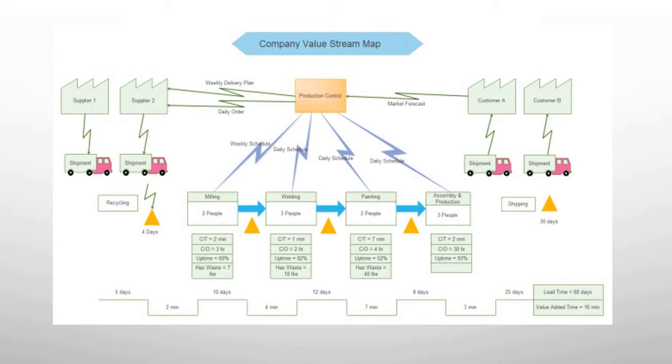Here you can see all the four steps from the production control: milling, welding, painting, and assembly. After the products are ready, they are sent to the customers through the shipment. These are the steps that we follow in the value stream mapping. This is the common step. We just follow the day-to-day activities in all the industries.